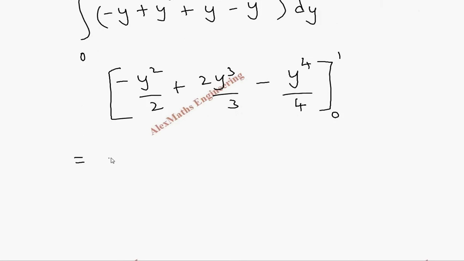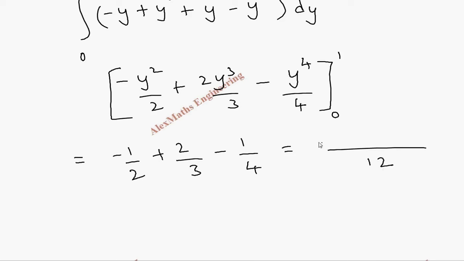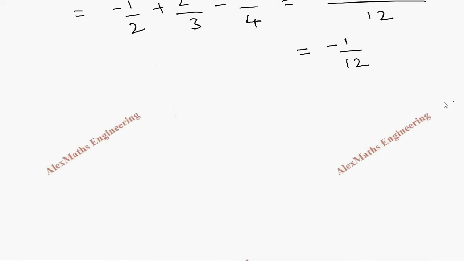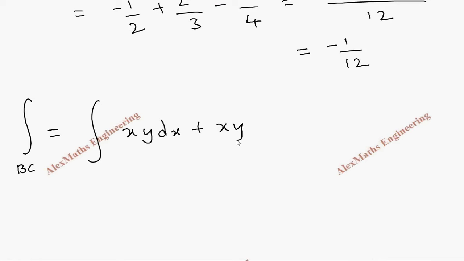When we substitute the upper limit, we get minus 1 by 2 plus 2 by 3 minus 1 by 4. LCM is 12. So this is minus 6 plus 8 minus 3. So totally this is minus 1 by 12.